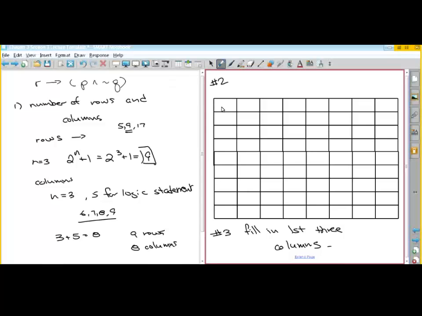So, what's in the first 3 columns? We need a P, we need a Q, and we need an R. So go ahead and fill that out. Filling out these 2 tables is going to be a large part of the test.